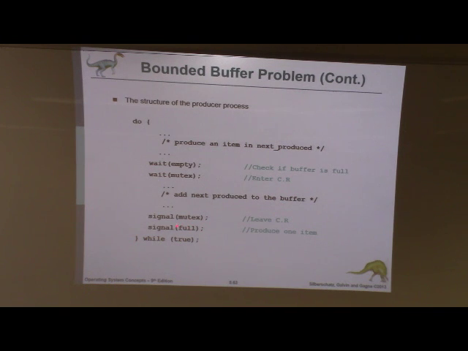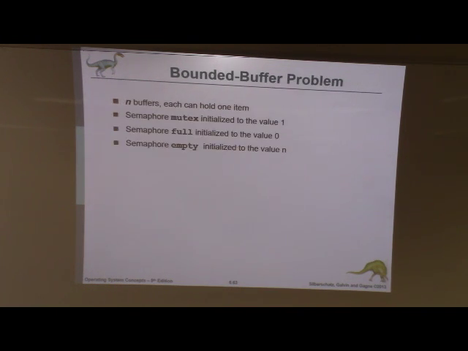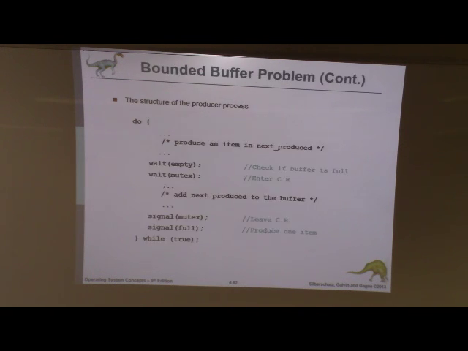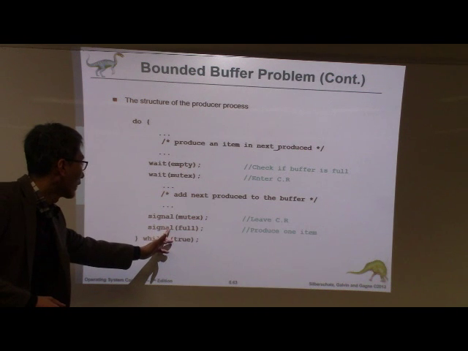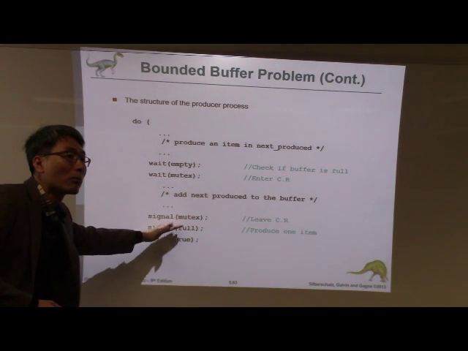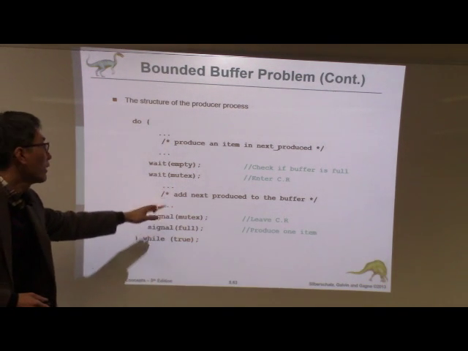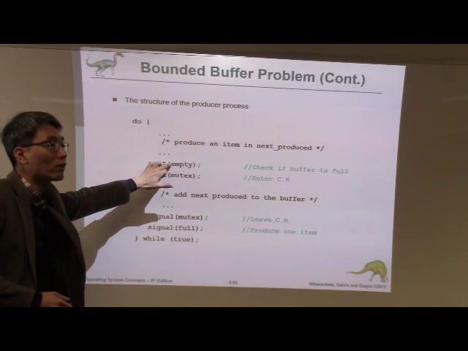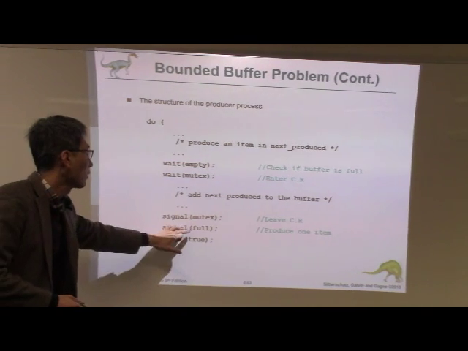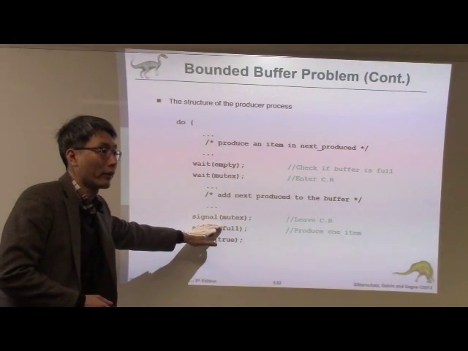And then signal full. Full is initially 0, so signaling increases the value. The number of items is managed by full. This is used for the current status of the buffer, the number of items.